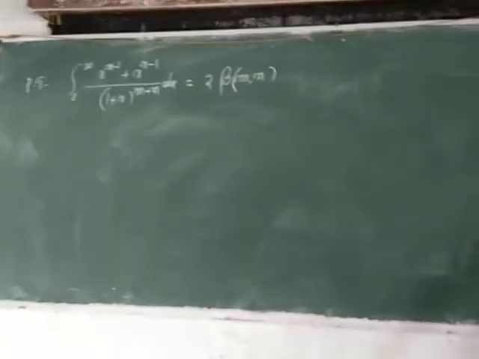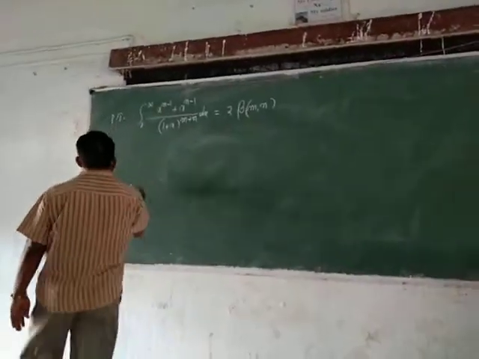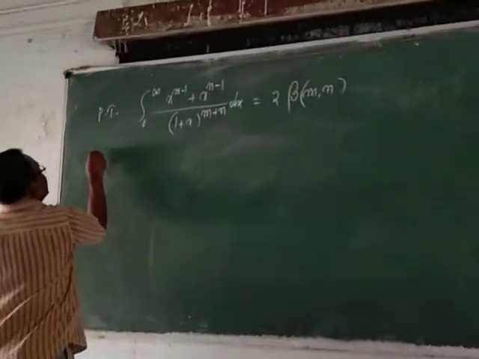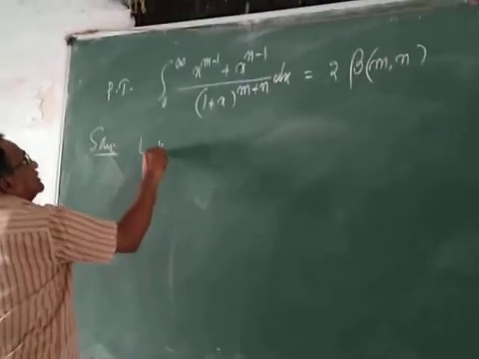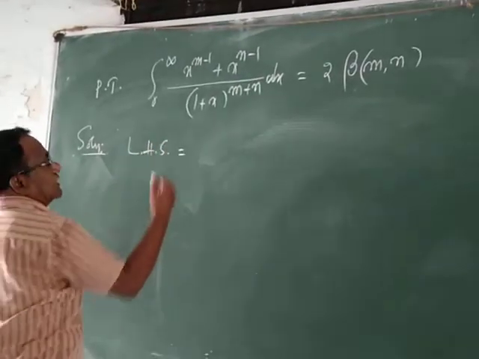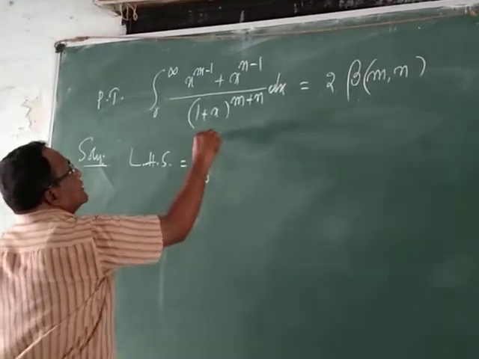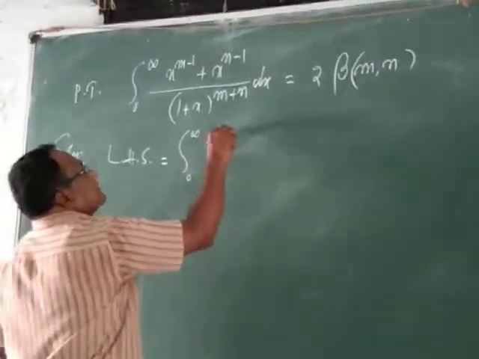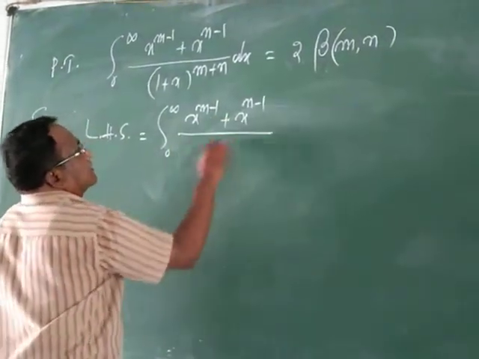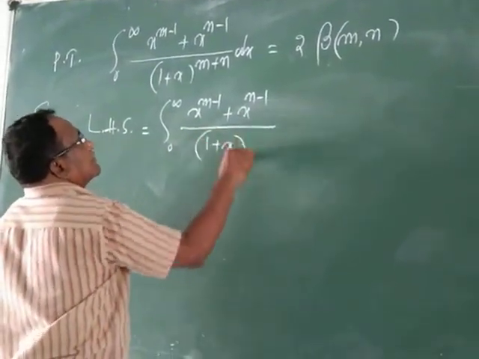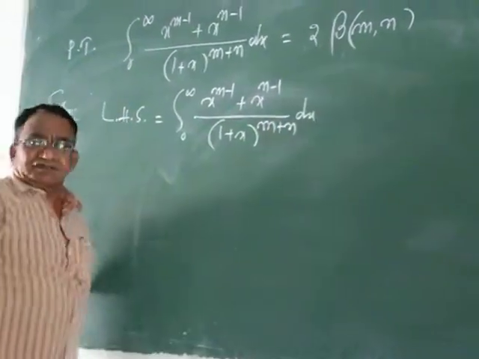Now let us prove this. In order to prove this, let me take the left hand side to be proved. LHS is the integral from 0 to infinity of (x to the power m minus 1 plus x to the power n minus 1) divided by (1 plus x) whole to the power m plus n dx.